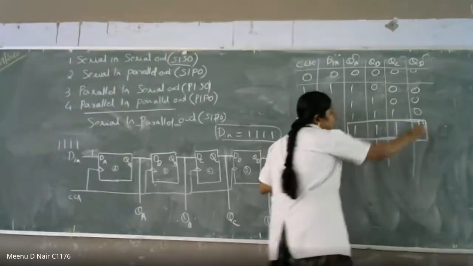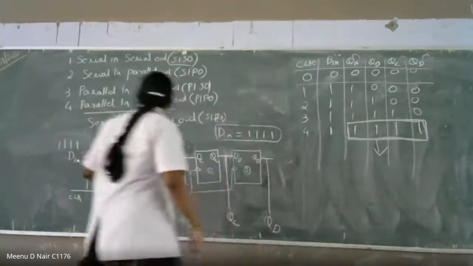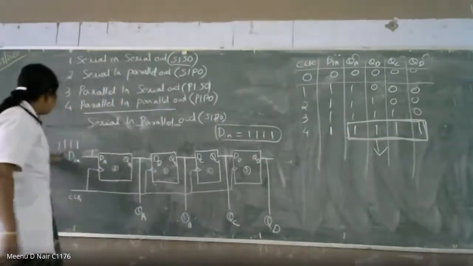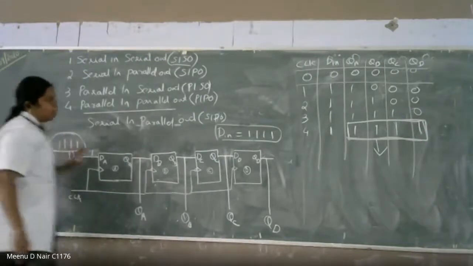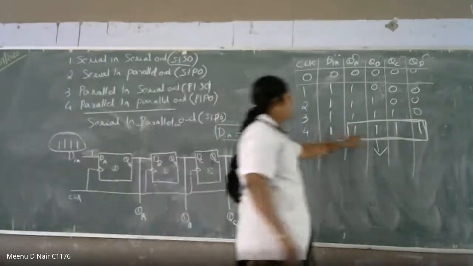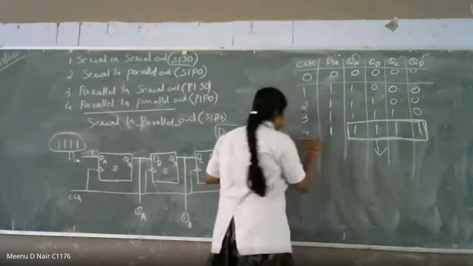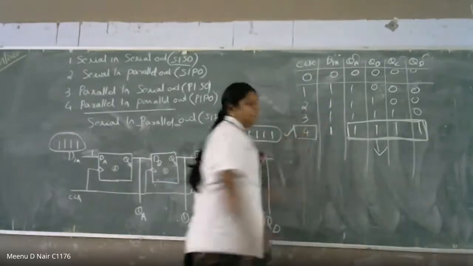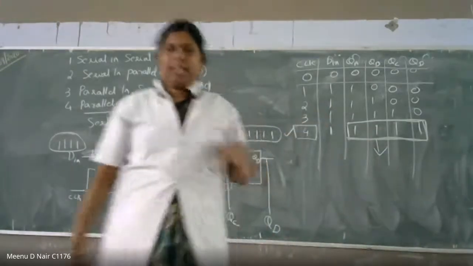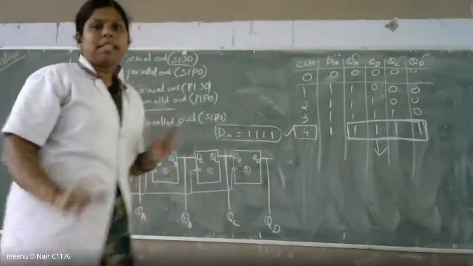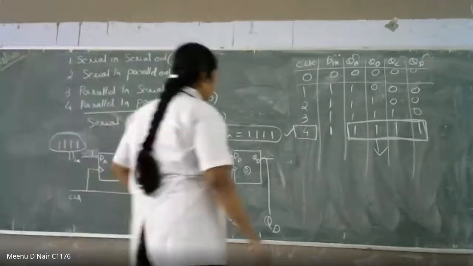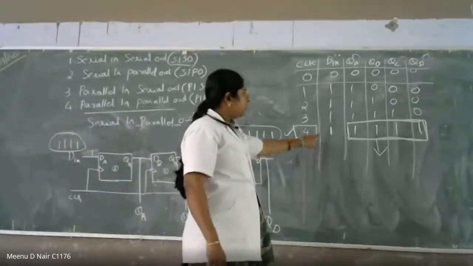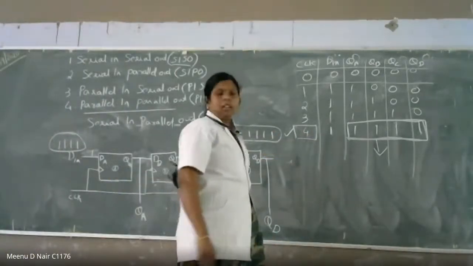This is nothing but what you were given in the question. You are extracting the output 1 1 1 1 in the fourth clock pulse. But in the case of serial in, serial out, you required 7 clock pulses to extract the same output. Here you require only 4 clock pulses to extract the output 1 1 1 1.